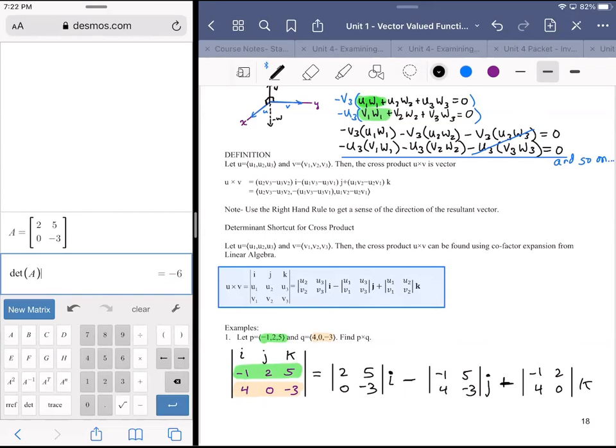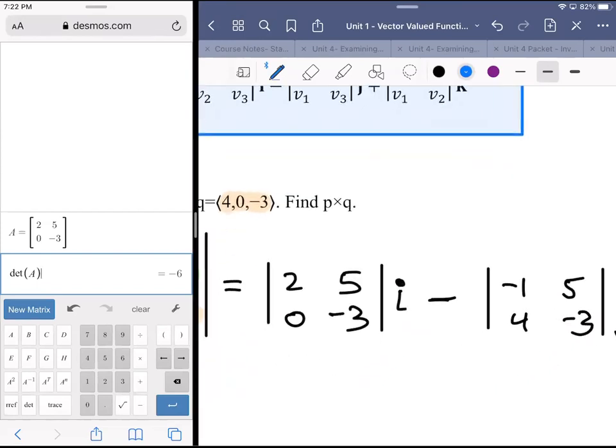If it's a 2 by 2 square matrix, it's very easy to do by hand. All you have to do is multiply down the main diagonal, and then multiply up the other diagonal, and then subtract. So diagonal down, which is -6, minus diagonal up, which is 0.